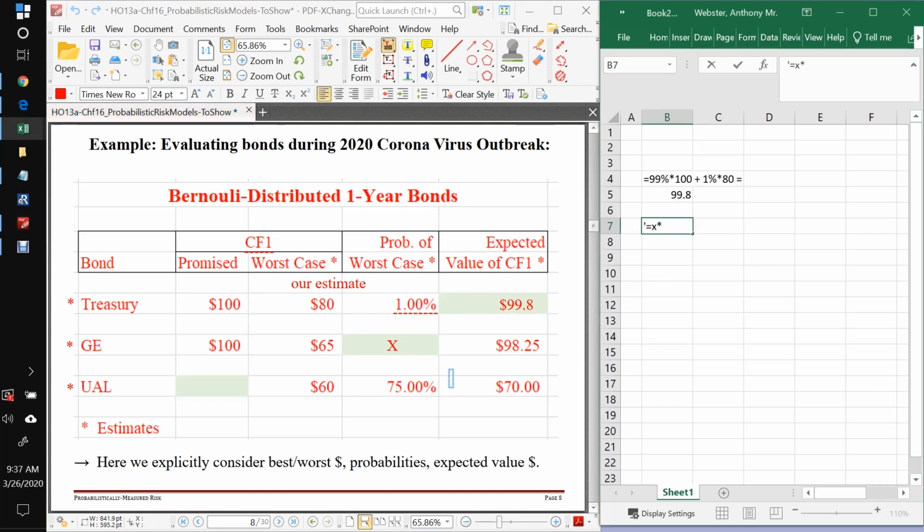So I've got x times 65, where x is the probability of the worst case, plus (1 minus x) times 100 is equal to 98.25.